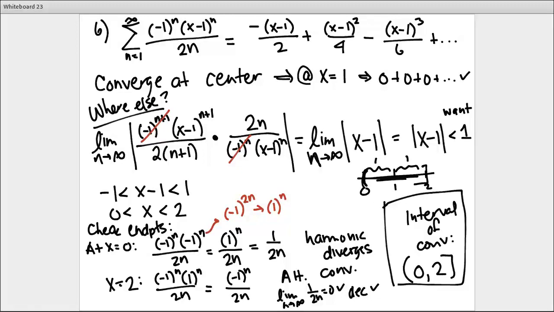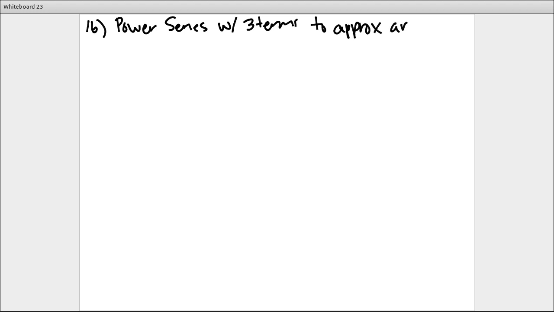We're also going to ask you to approximate the area using a power series. So that's like number 16 on your review worksheet. It says use a power series with 3 terms to approximate the shaded region below, which means the area, right?